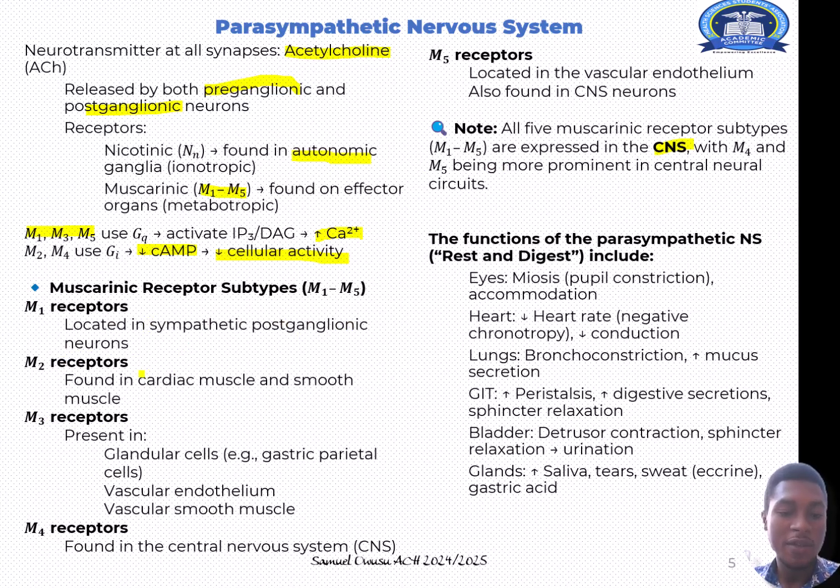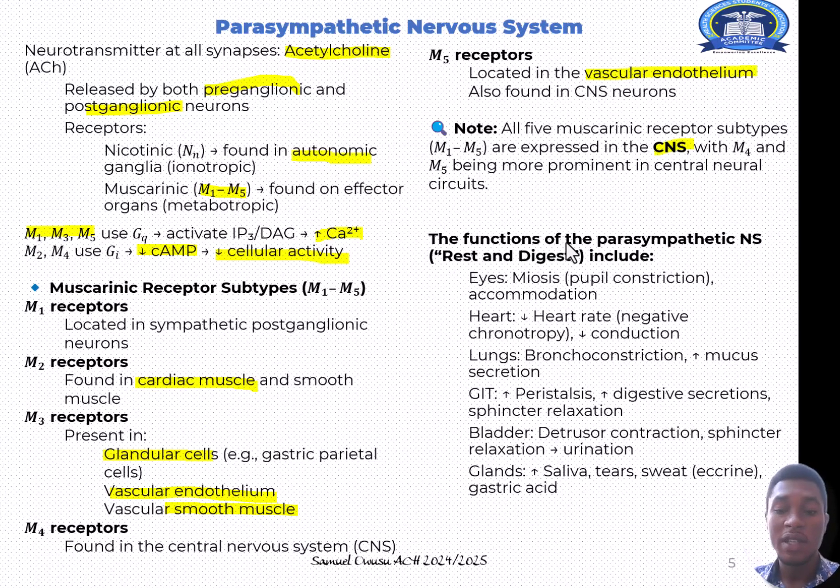M2 receptors are found in cardiac muscle and smooth muscles. M3 receptors are very numerous, and they are found in the glandular cells, vascular endothelium and vascular smooth muscles. Like I said, M4 receptors are found in the central nervous system, and M5 in the central nervous system and also the vascular endothelium.